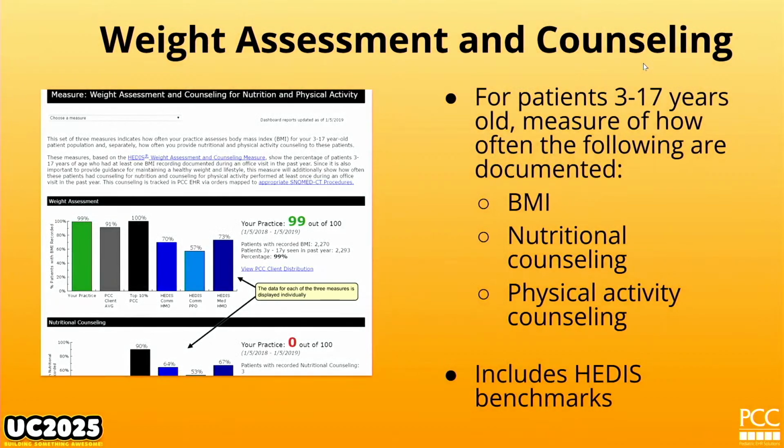Weight assessment and counseling. This is another measure that's pretty standard in the industry. It covers patients 3 to 17 years old that have had BMI documented, nutrition counseling, and exercise counseling. You'll see this in the dashboard under weight assessment and counseling, and you'll see a measure for each of BMI, nutrition, and exercise counseling. A lot of people are low for this measure, particularly the counseling parts.